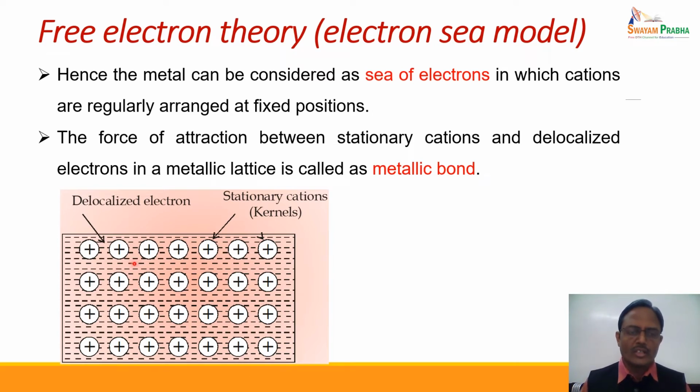It is not restricted that one cation should attract only a fixed number of electrons or only a single electron, but every cation is attracted by each electron and each electron is attracted by every cation, and so there is a strong force of attraction. This is a non-directional electrostatic force of attraction between a large number of cations and a large number of electrons, and this is called a metallic bond according to the free electron theory.